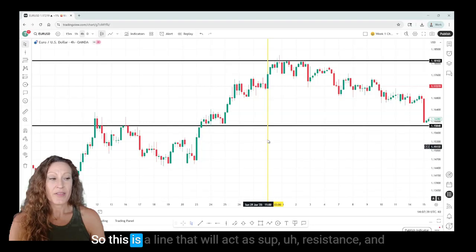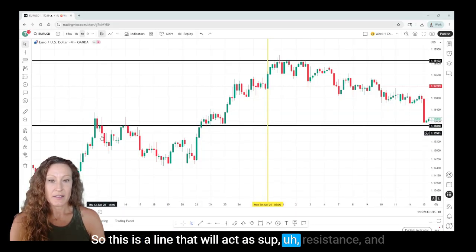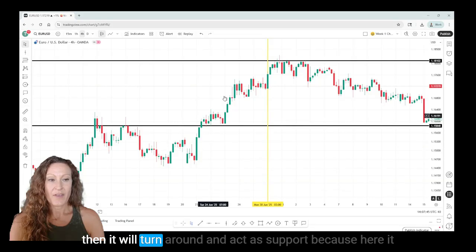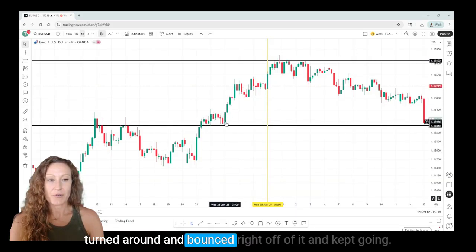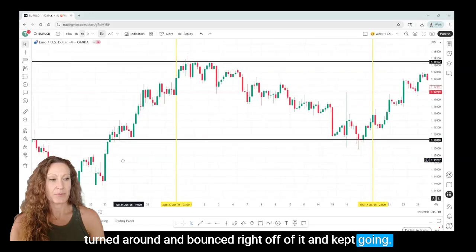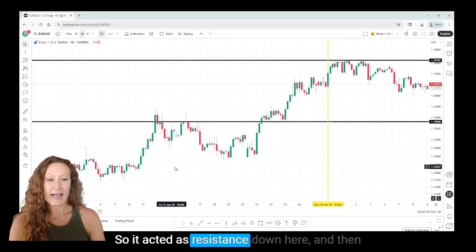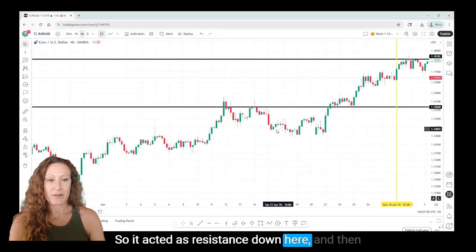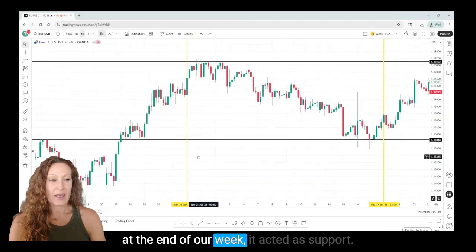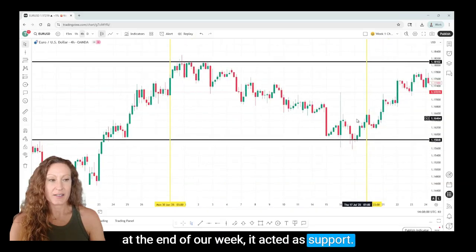So this is a line that will act as resistance, and then it will turn around and act as support, because here it turned around and bounced right off of it and kept going. Okay, so it acted as resistance down here, and then at the end of our week, it acted as support.